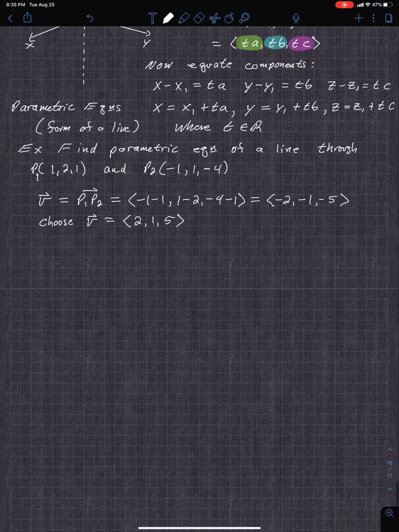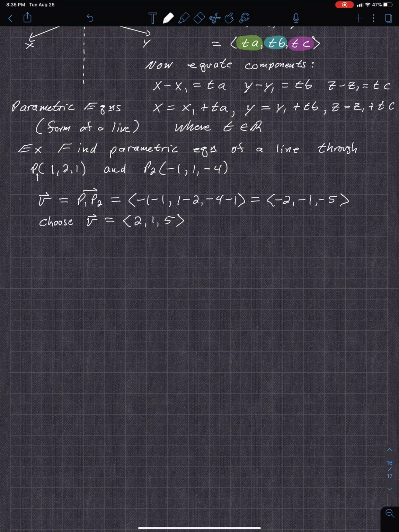So from there, it's pretty easy. You just read off the points. So this is your A, B, and C. And so you just need a point, x1, y1, z1. So either one of these are the points you choose. It doesn't matter which one you choose.